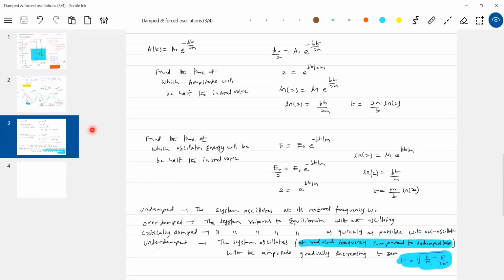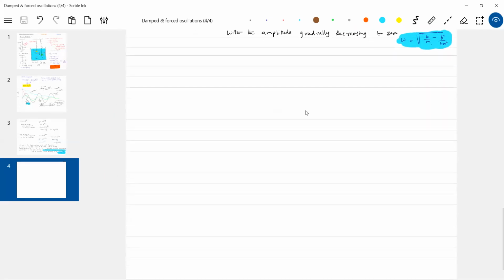Sir, can you give examples of this one? Door. You take the example of a door. Let's take a few more examples so that you can at least experiment with this. I'll give one more example.